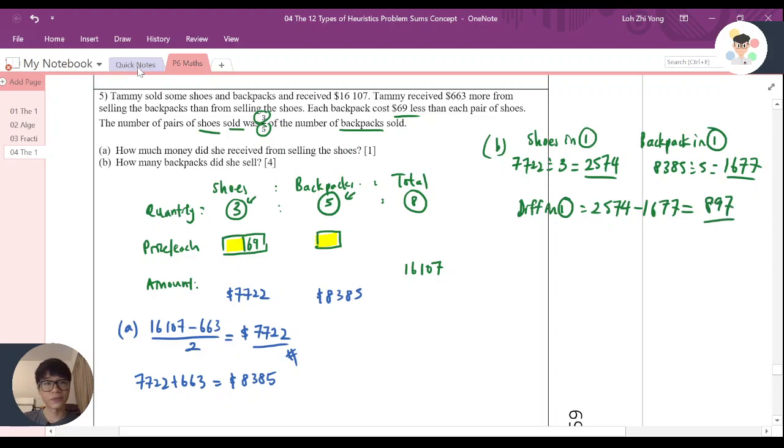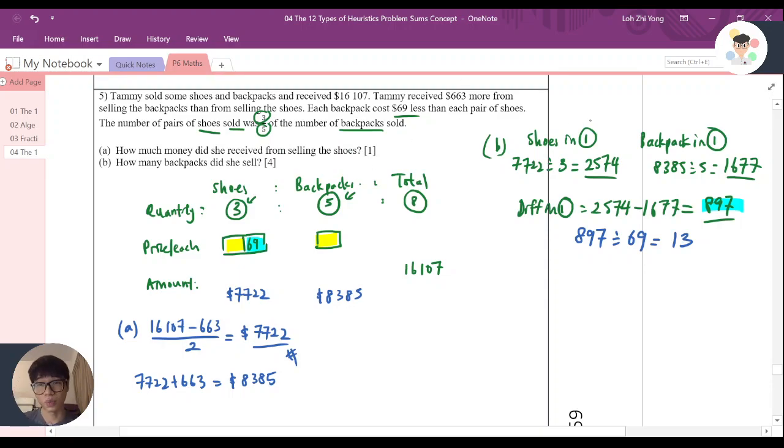The difference that we found here is supposed to be here, because we have already made it 1 unit, so it's at the same level. But here is 897, and here is 69. It means that there's a certain multiple of it. That's why it reached 897. So let's find the multiple. We use 897 divided by 69, and we find out that it is 13.